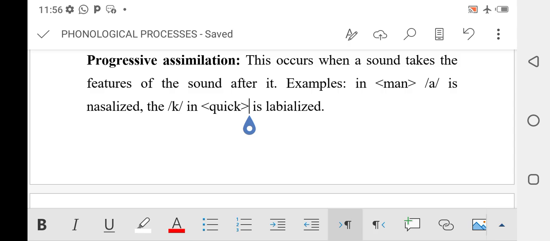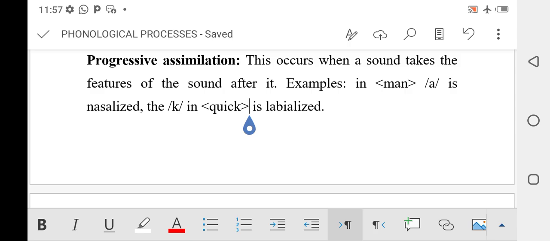The Q sounds K and W. So we find out that the W that follows immediately after K is a labial sound. It is a bilabial approximant. And as a bilabial approximant occurring with a velar plosive, its influence rubs off on the velar plosive. Now we say that velar plosive K occurring with W has become labialized.